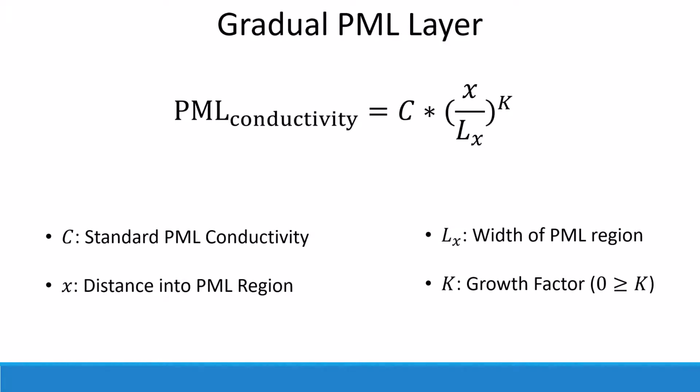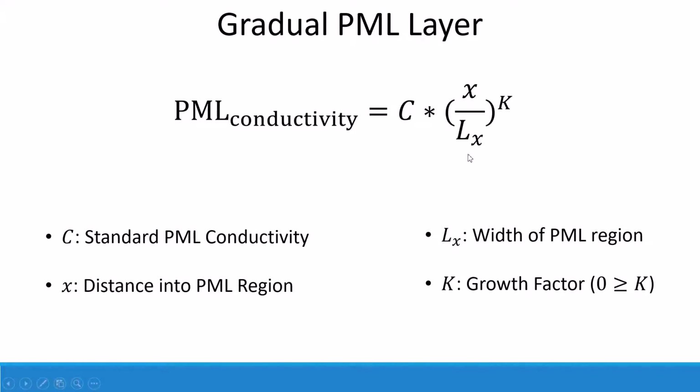Defined by the equation here, we have the standard PML conductivity that would be used for the whole region if we weren't using the gradual PML. And this value is augmented by this function here. So x represents the distance into the PML region, Lx the width of the PML region, and k represents the growth factor here.